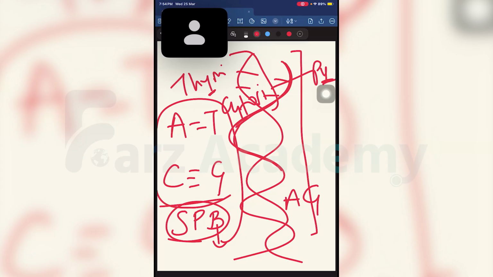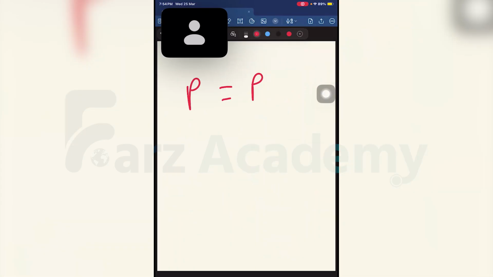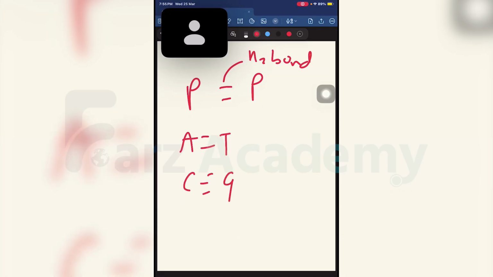We know in a DNA structure, an adenine purine pairs with a pyrimidine with the help of hydrogen bonds. In DNA, the pairing is adenine thymine with two hydrogen bonds and cytosine guanine with three.